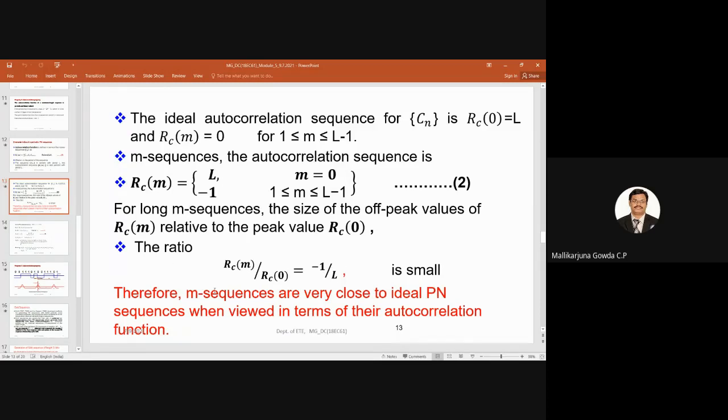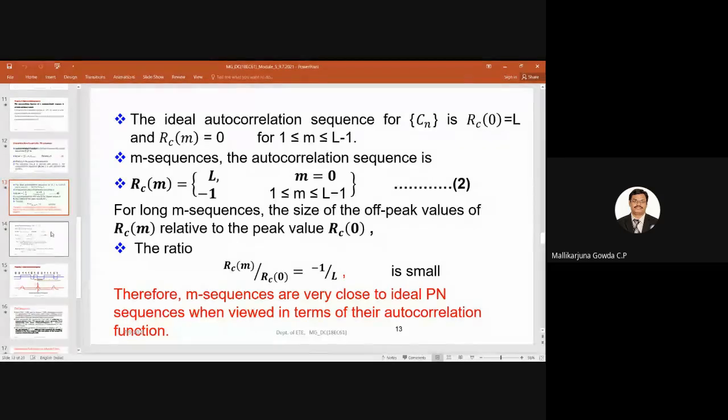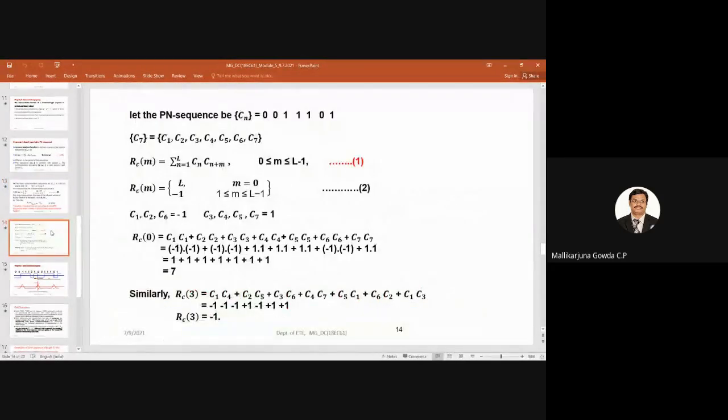Therefore, M sequences are very close to ideal PN sequences when viewed in terms of their autocorrelation function. Whatever I said now can be clear with the example I have taken here. Let the PN sequence be Cn, which is 0 0 1 1 0 1. Here there are 7 bits, right?